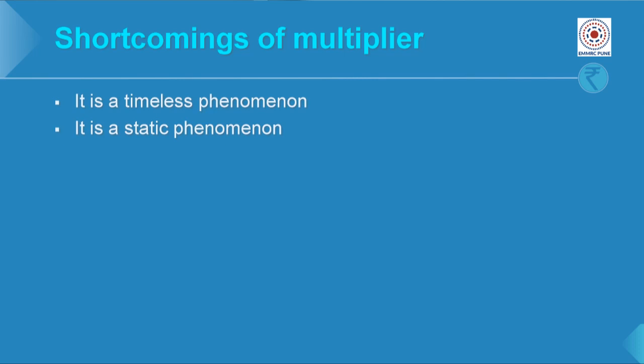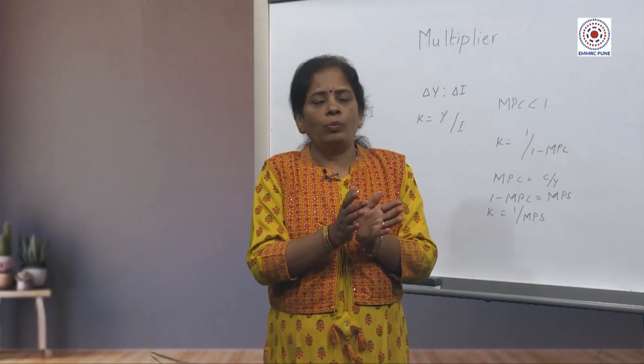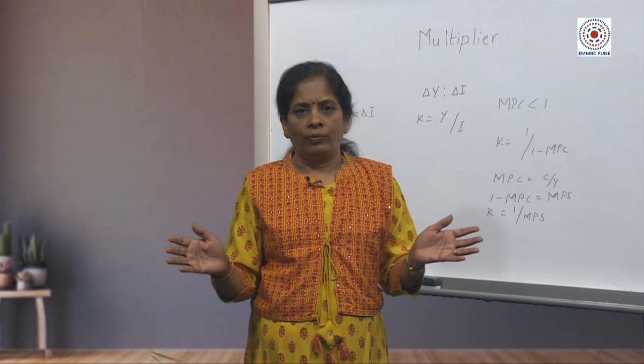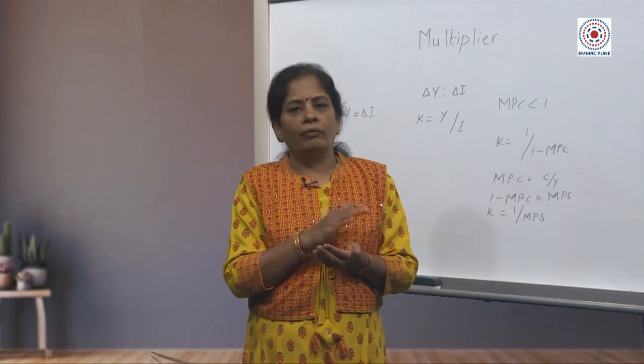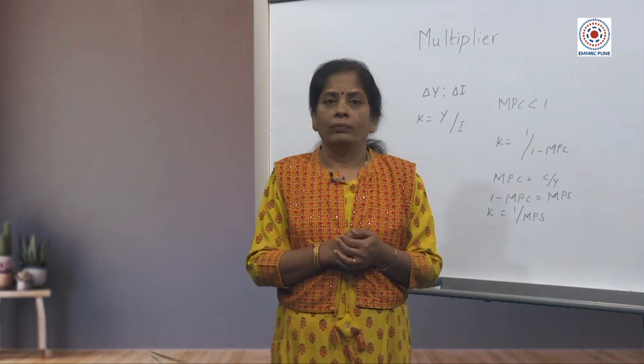Second, it is a static phenomenon. According to Keynes, multiplier is a static phenomenon, that is, it does not respond to changing processes of the dynamic world. Therefore, multiplier will be obtained only under static conditions.